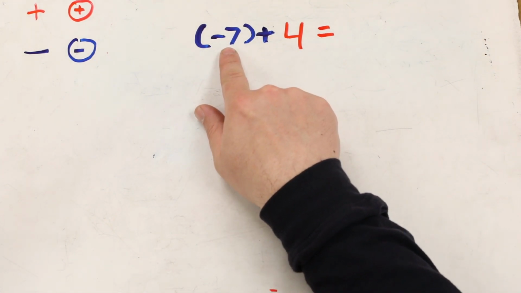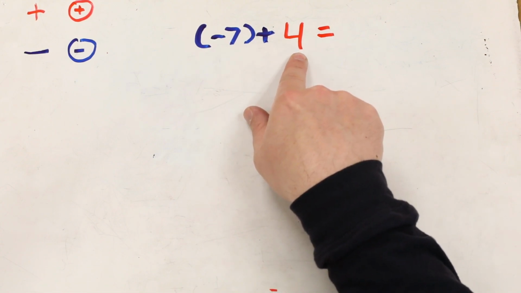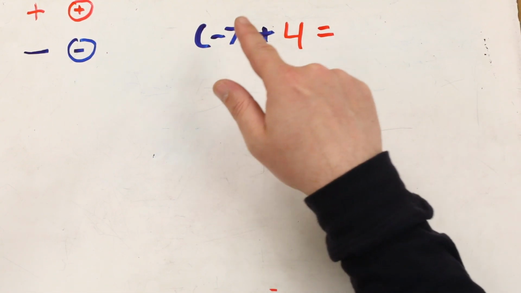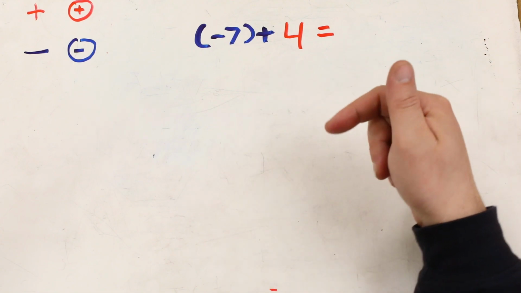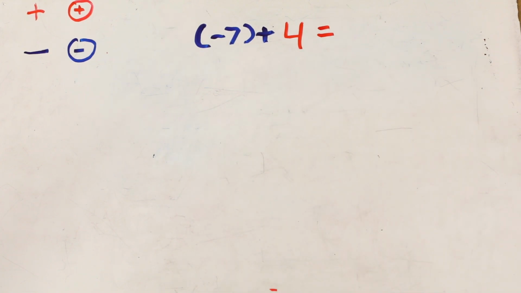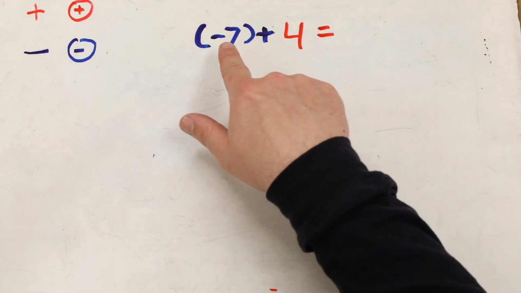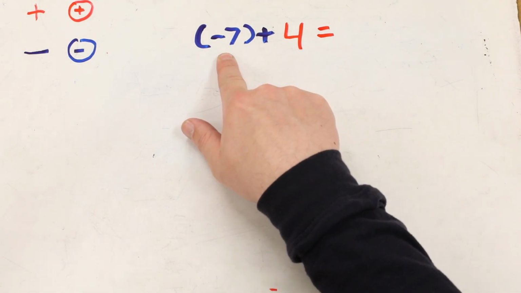My temperature is -7 and I'm adding 4 heats to -7. Is my temperature going to get warmer or colder? If we're adding in heats, the temperature is going to get warmer. So our answer has to be warmer than -7.